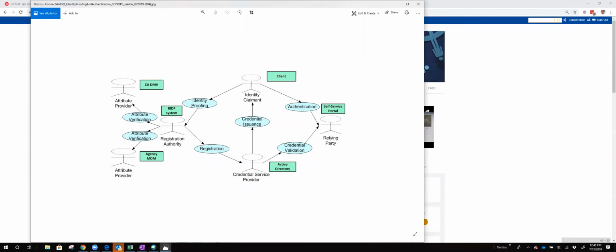And once the entity is proved, once we establish that John Smith is indeed John Smith, we send a registration request to the credential service provider, which is something like Active Directory or Oracle Identity Management. The credential provider then takes on the responsibility to issue credentials, and at that point, the client has a login and password, right?